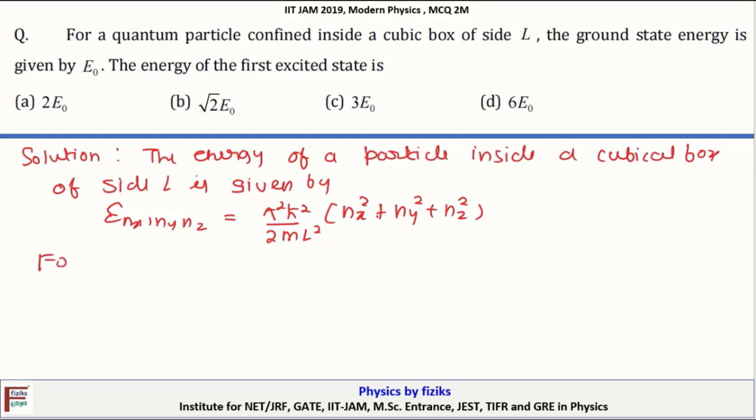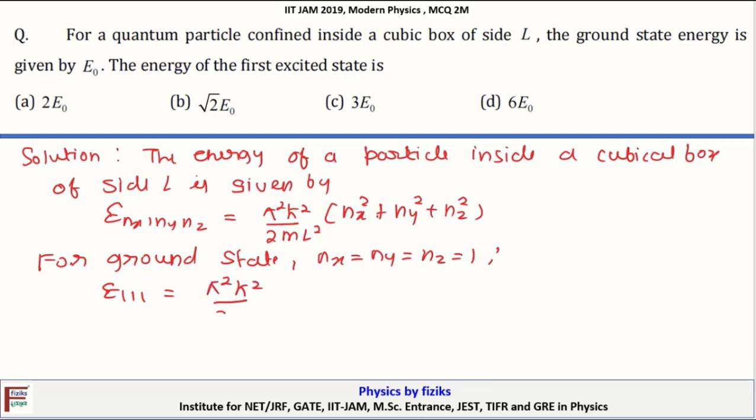For the ground state, nx equals ny equals nz equals 1. So E111 is equal to pi square h square by 2 m L square times (1 square plus 1 square plus 1 square), equals 3 pi square h square by 2 m L square, which is equal to E0.